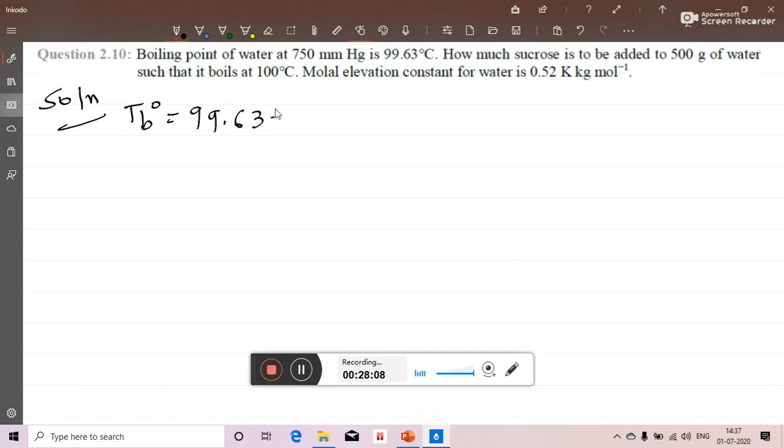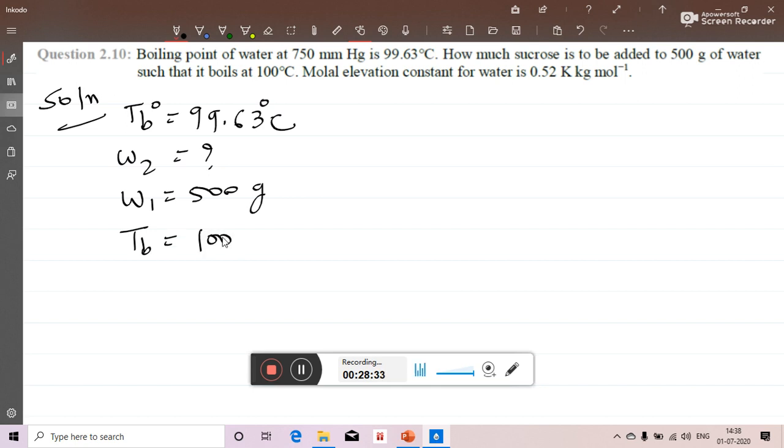And how much sucrose is to be added? So we have to find out W2 to 500 gram of water. So W1 equal to 500 gram such that it boils at 100 degree Celsius. So boiling point of solution is 100 degree Celsius.